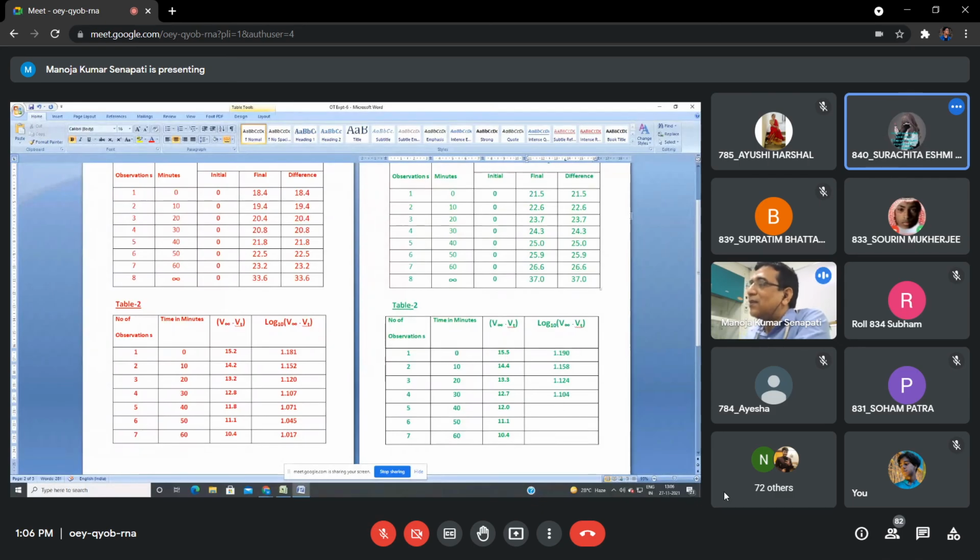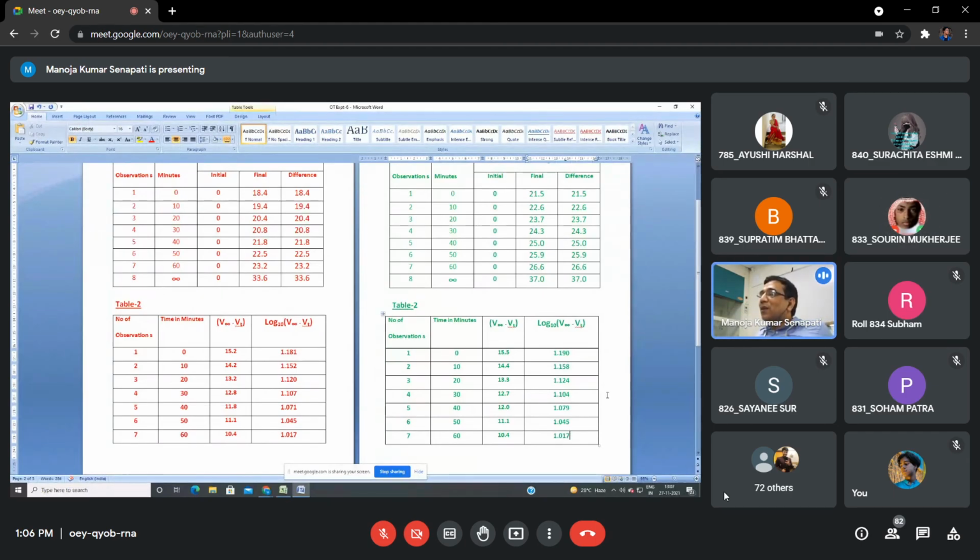No, 1.104, the last digit is 8, isn't it? Okay. Next. 1.079. Next. 1.045. Next. 1.017. Oh, both are the same.